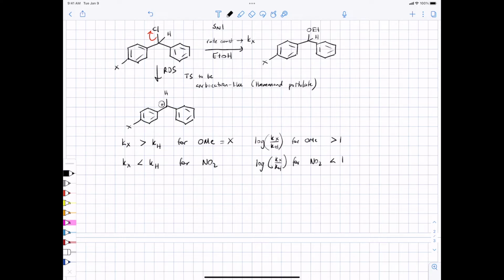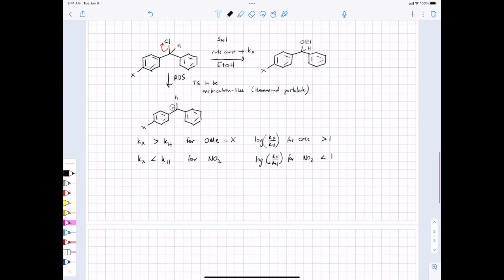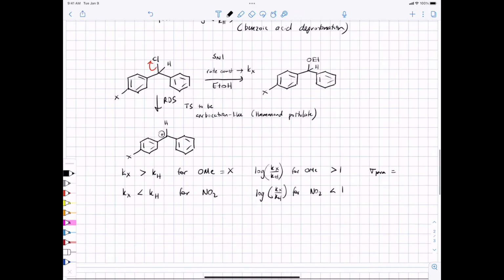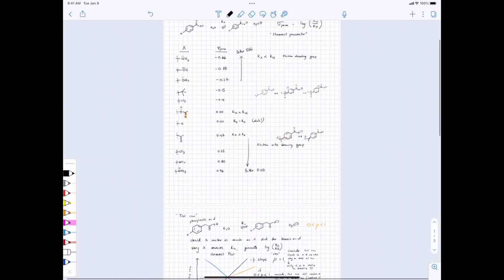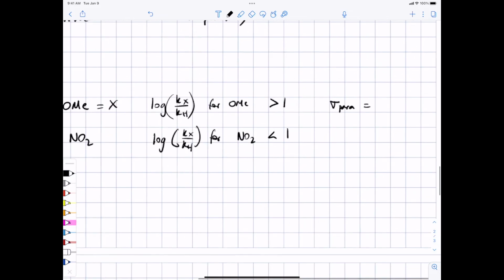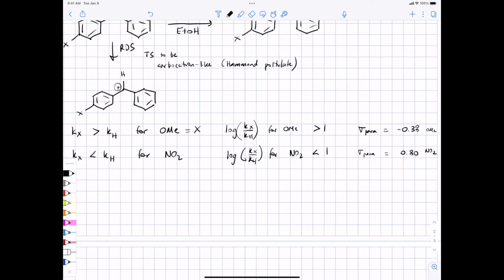Now, going back and comparing that for benzoic acid, remember sigma para for benzoic acid for the methoxy group, we can go back to the table on the previous page, is minus 0.38. And sigma para for nitro was positive 0.80.